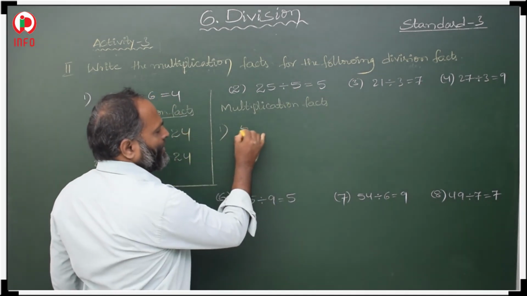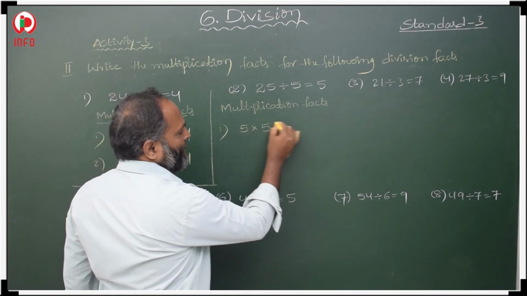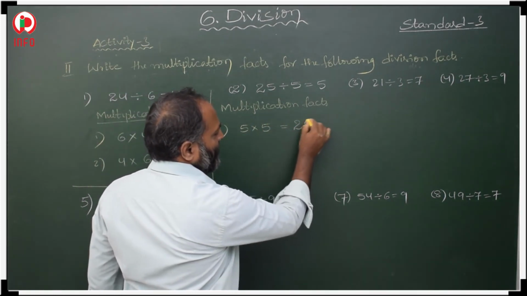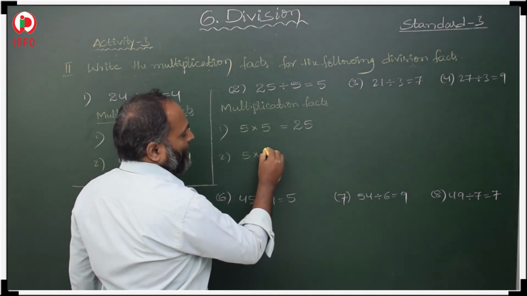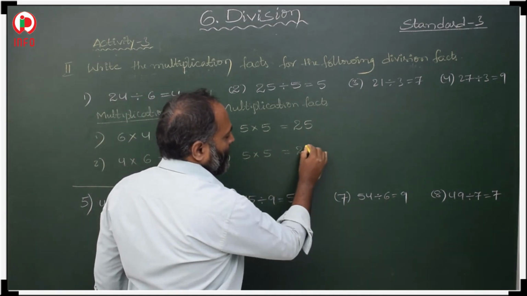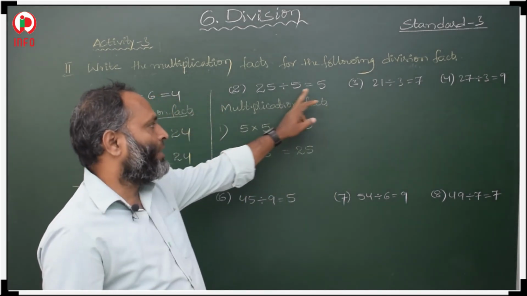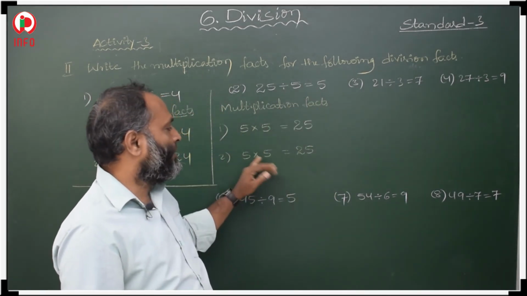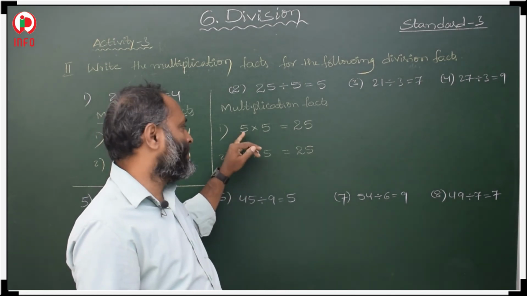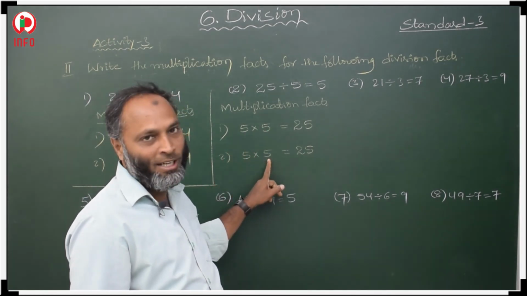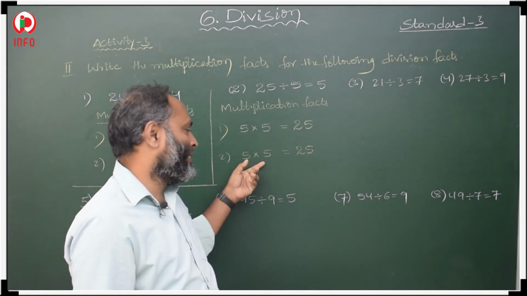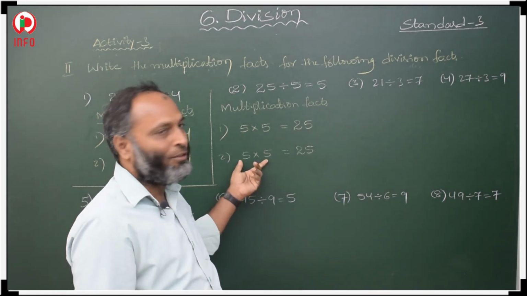Divisor into quotient is equal to dividend, or otherwise quotient into divisor is equal to dividend. Here both are the same, 5 and 5, so there is no difference. Why are you writing it two times when it is 5 into 5 both times?